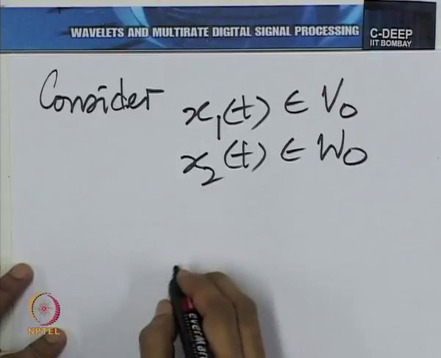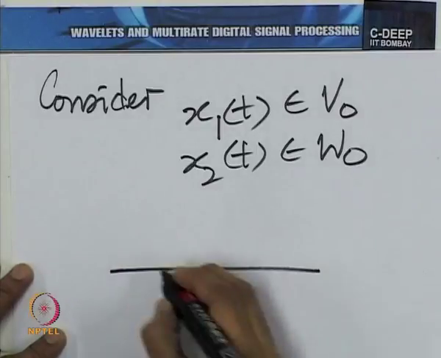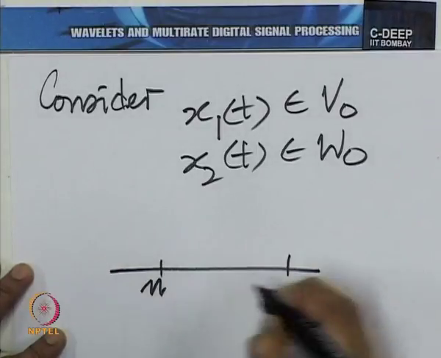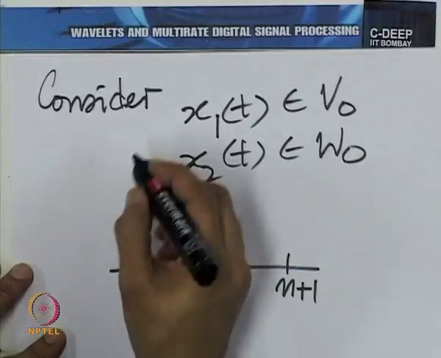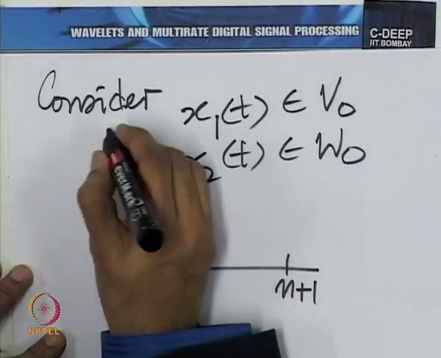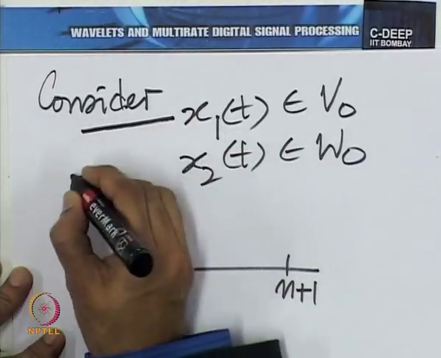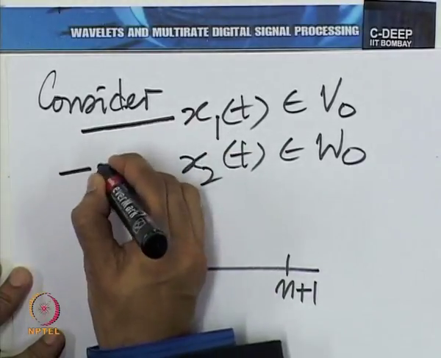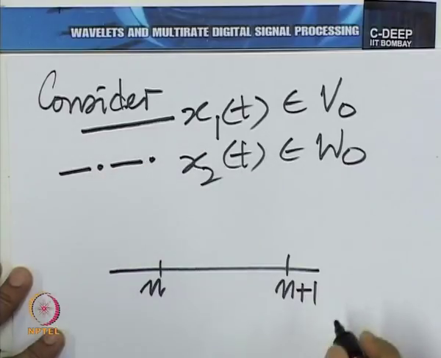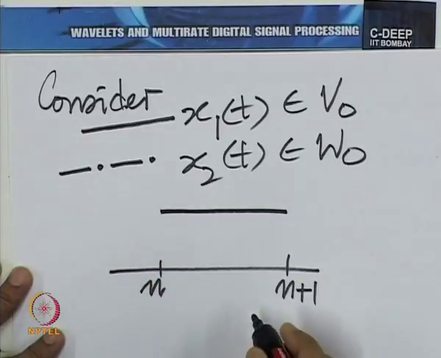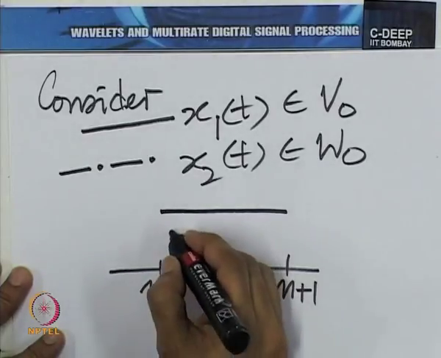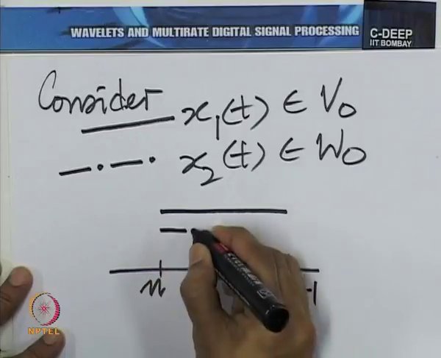Let us focus our attention on a particular interval, let us say n to n plus 1. Let us draw the function x1(t) by a solid line and this one by a dot dash line. What would a typical function look like? The x1(t) function would look like this and the x2 function might look something like this.